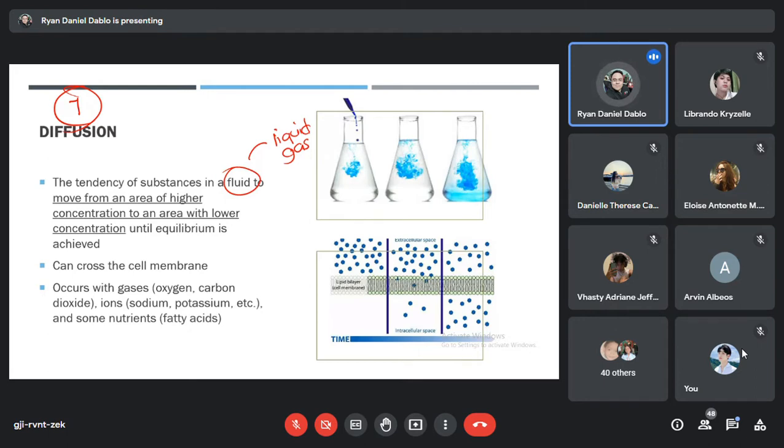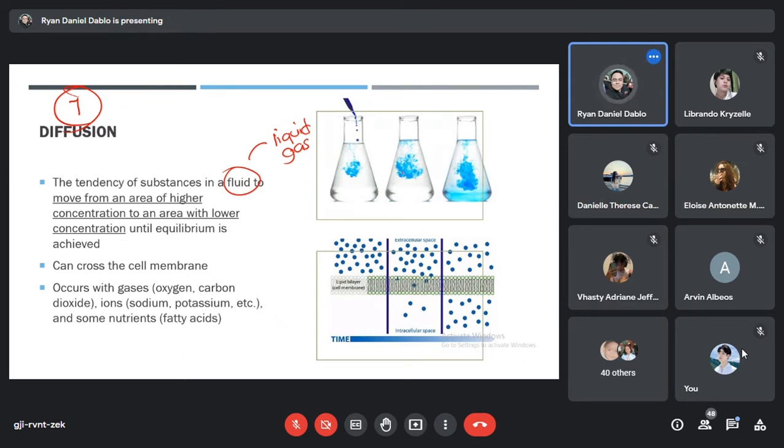So, this is the tendency of the molecules in a substance to move from an area of greater to lower concentration. All right? Now, incidentally, movement also happens in solids. So diffusion can happen, but because of the tightly packed nature of solid molecules, it occurs in a very slow fashion. All right? So, as an example, let's say I have here a drop of ink placed in an Erlenmeyer flask.